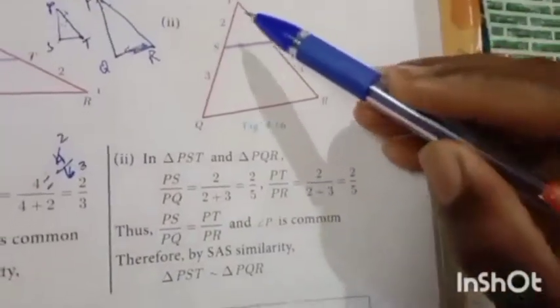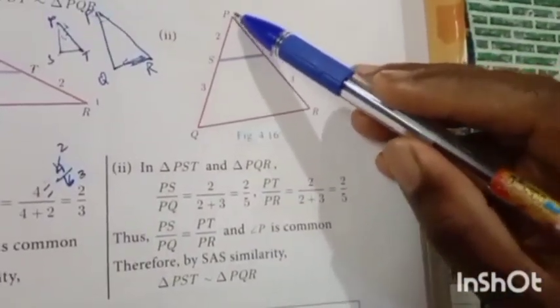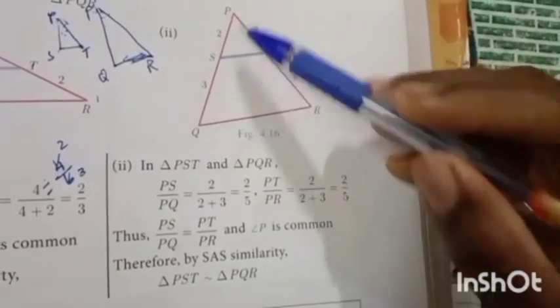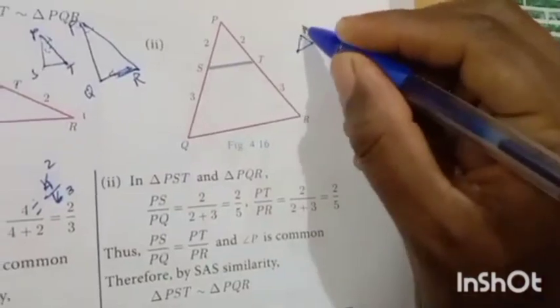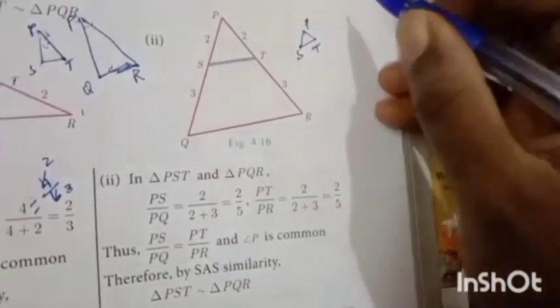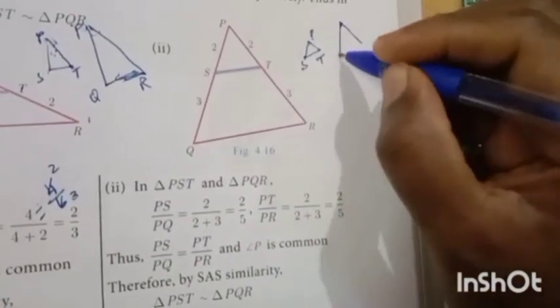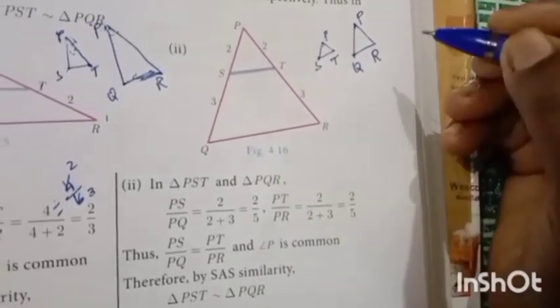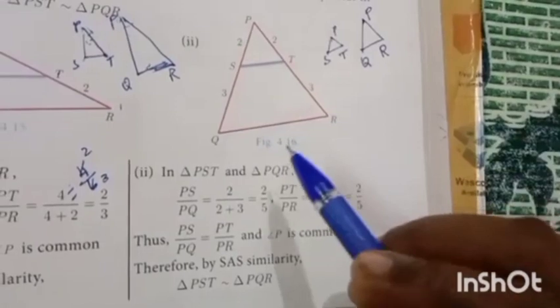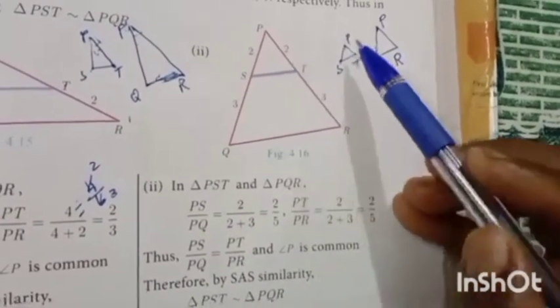For this picture, you have to identify triangle PST and the other triangle PQR. If you need, you can take and write them separately. That is PST, and the other, big triangle is PQR. First you have to find their corresponding sides.